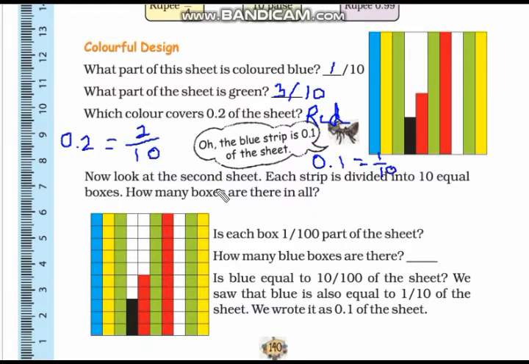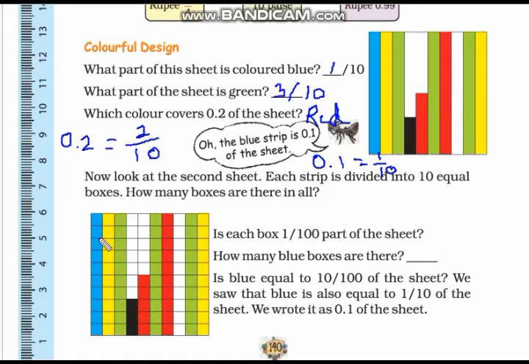Now look at the second sheet. Each strip is divided into 10 equal boxes. How many boxes are there in all? Children, you can see here the sheet with different colors. This sheet is divided into 10 equal strips, and each strip is divided into 10 equal boxes.